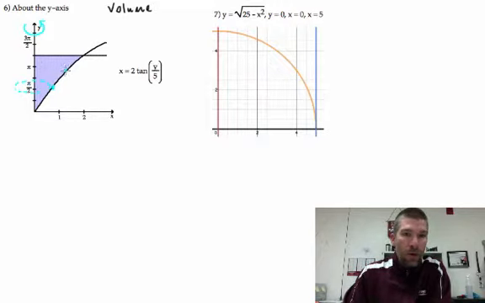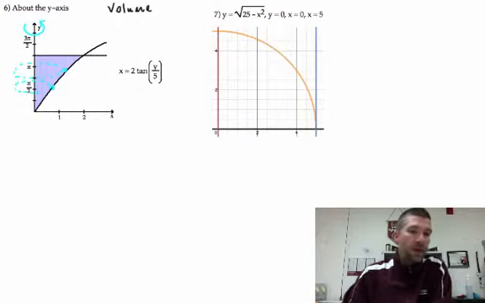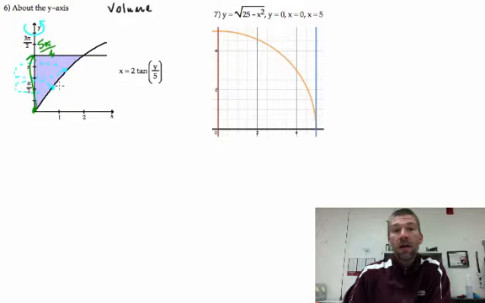And then when you're here, if you go around the y-axis, you get a circle. And what we need to do is figure out the area of that circle. And if we can figure out what the area of that circle is and multiply it by the number of circles we can create, starting at 0 and going all the way up here to 5 pi over 4, we can get the volume of that shape that we create.